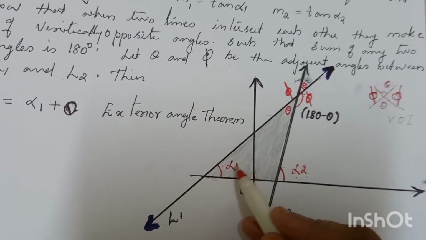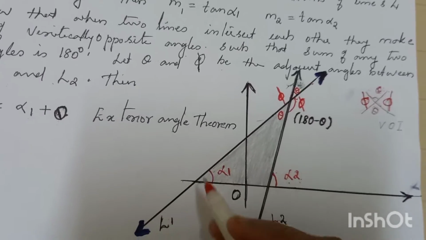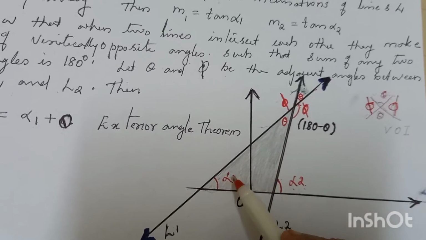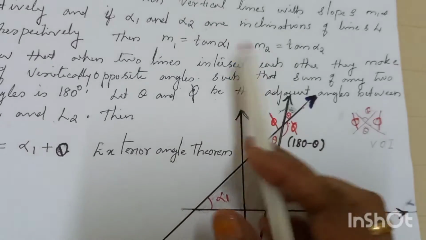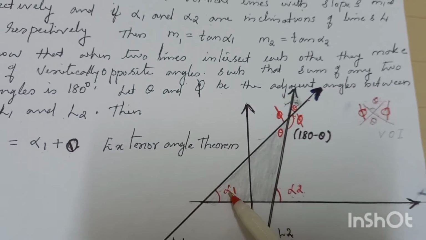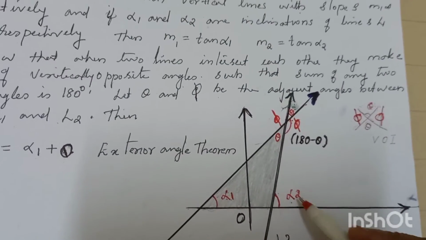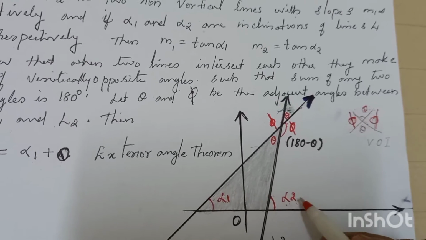The slope of this line L1 is represented by M1, which is equal to tan alpha 1, and M2, the slope of this line L2, is equal to tan alpha 2.